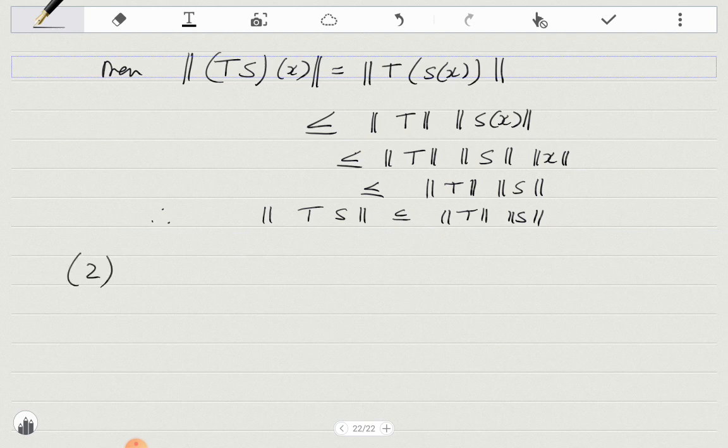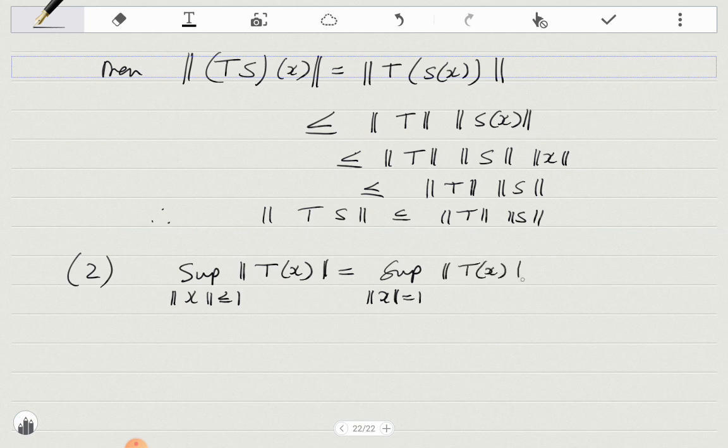So that proves 1. And as for the second, the claim is that the sup over norm x less than or equal to 1 of norm T of x is equal to the sup over norm x equal to 1 of norm T of x, which is equal to the sup over x not equal to 0 of norm Tx by norm x.